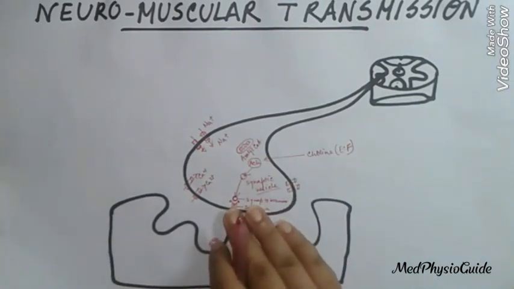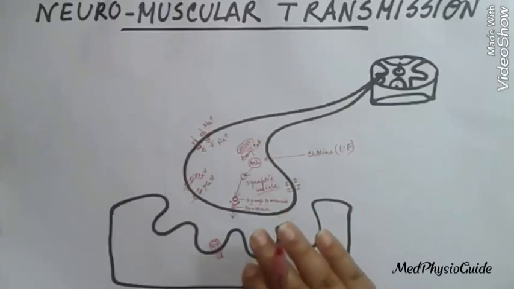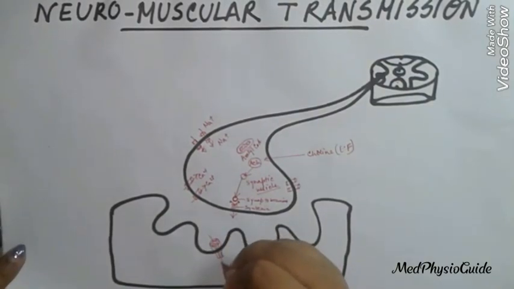Okay, so let's draw the influx up, like the sodium and potassium coming in and going out of the cell.